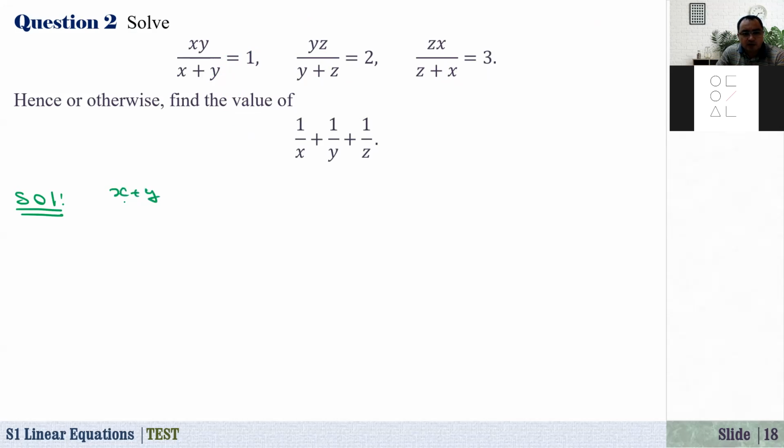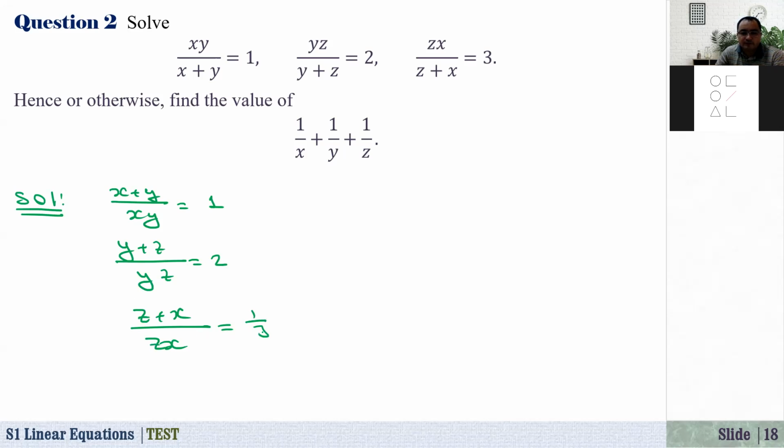The first one is x plus y over xy, which is 1 over 1, so it is 1. The second one, y plus z over yz, is equal to 1 over 2. Third one, z plus x over zx, is equal to 1 over 3.